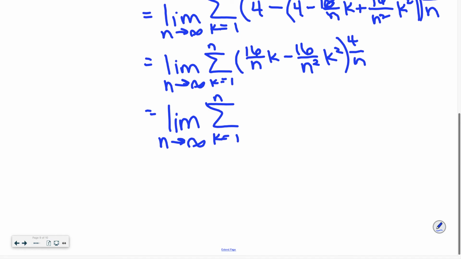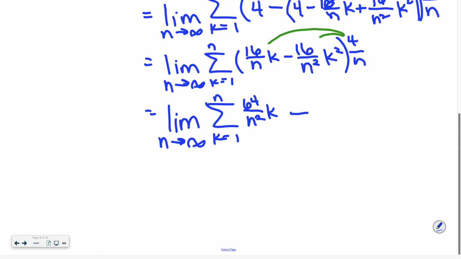So this is what I'm going to do. I'm going to go ahead and break this up into 2 because we have 2 parts to it. So let's go ahead and distribute this through, and I'm going to break it up into 2 pieces. So this first portion, when we carry that through, what we would have is 64 over n squared times k.